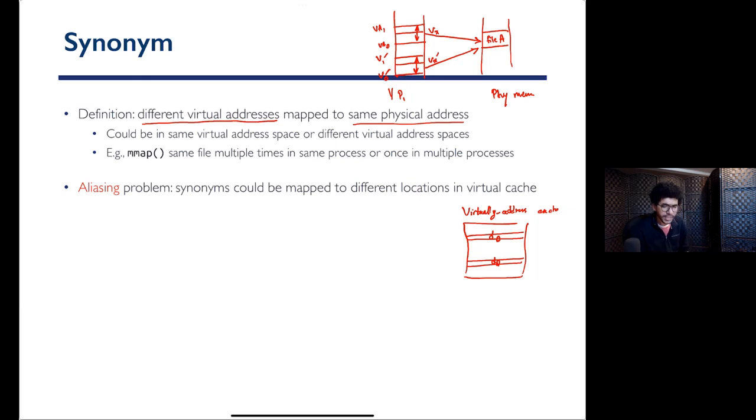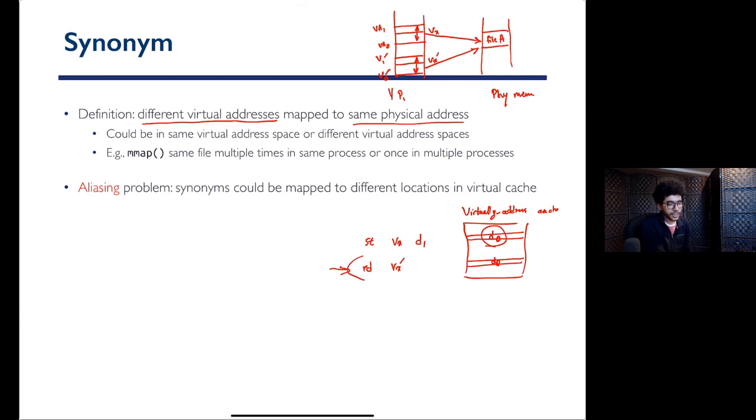Now, the second problem is, what happens if I change one of them? So what happens if I do a store on this VX with some new data D1, and then later on read from VX prime? What happens to this read?